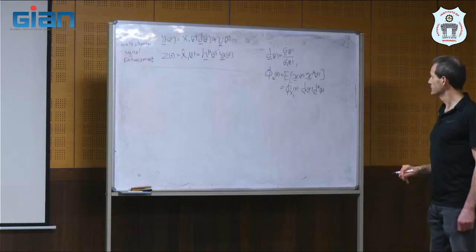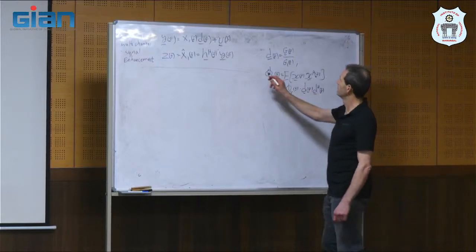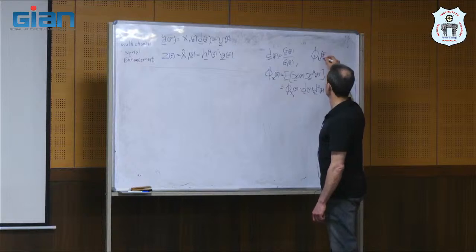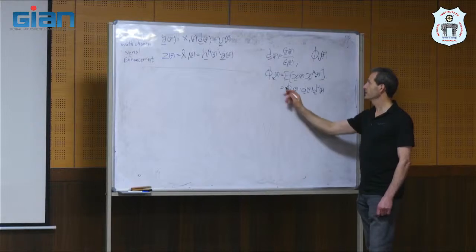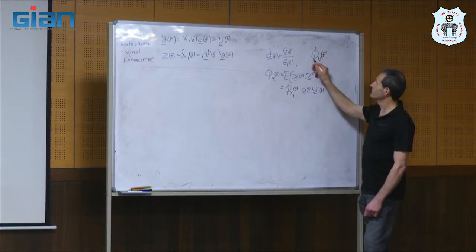In addition, I assume that I know phi v f. So you can write it like this, and I know this matrix also.